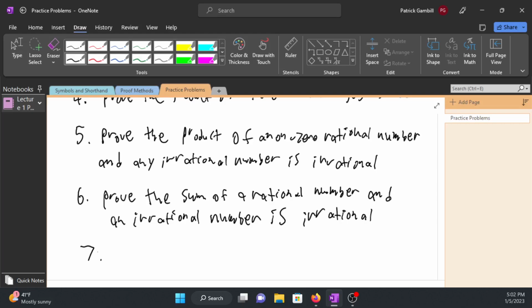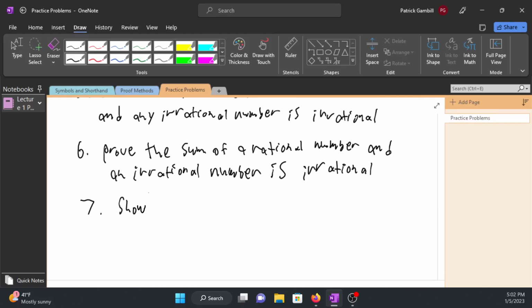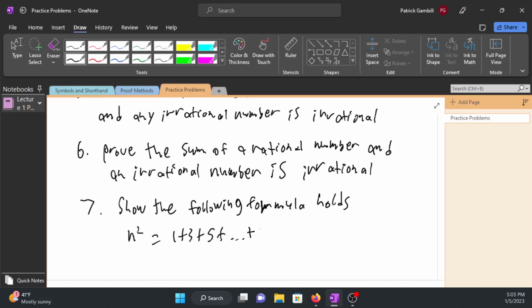Number 7, you might consider showing the formula n squared is equal to 1 plus 3 plus 5 and so on, all the way up until you get to 2n minus 1.